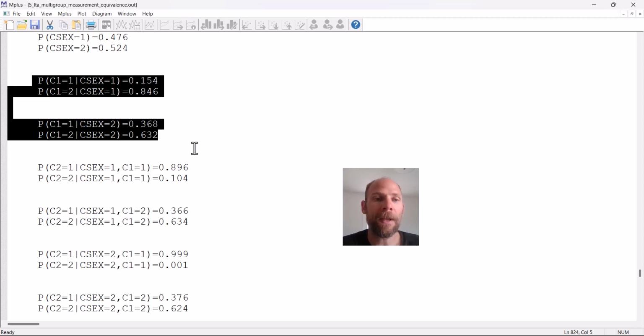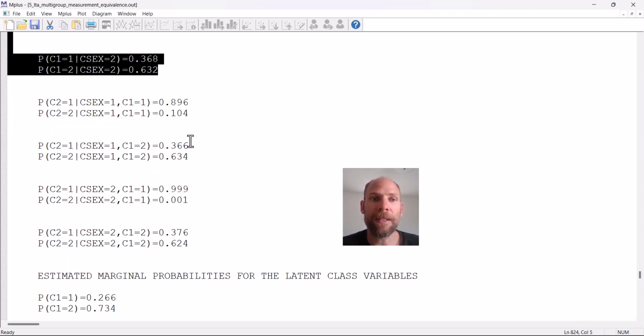Next are transition probabilities conditional on sex as well, or in other words, we get the transition probabilities from the time 1 to the time 2 class variables estimated separately for each gender.